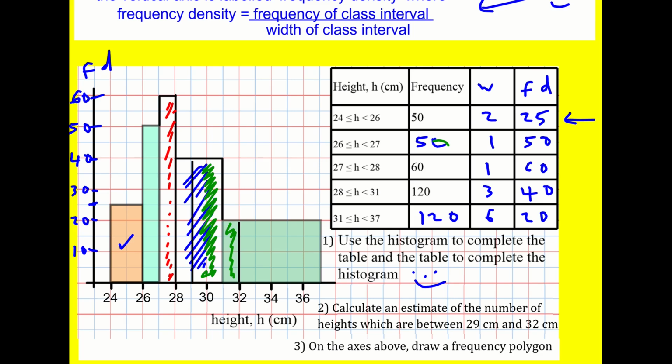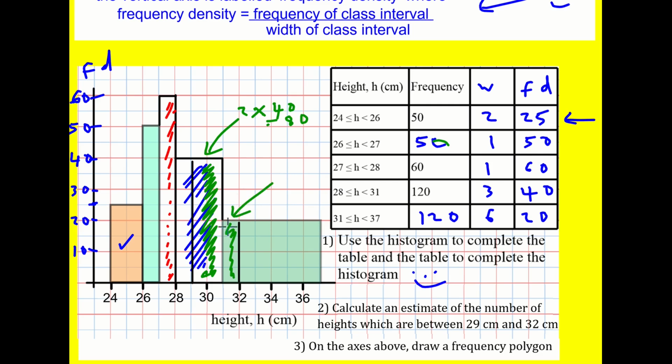All right, so if I want to work out this area, let's just do the left-hand area to start with. Then the width is equal to 2 and the height is equal to 40. So I'm getting 80 from that bit.